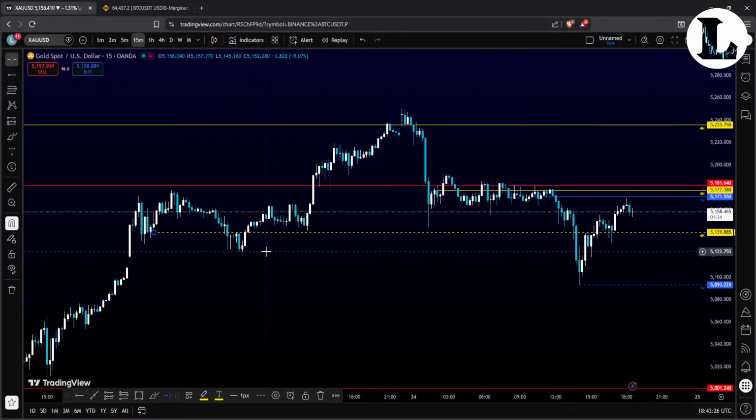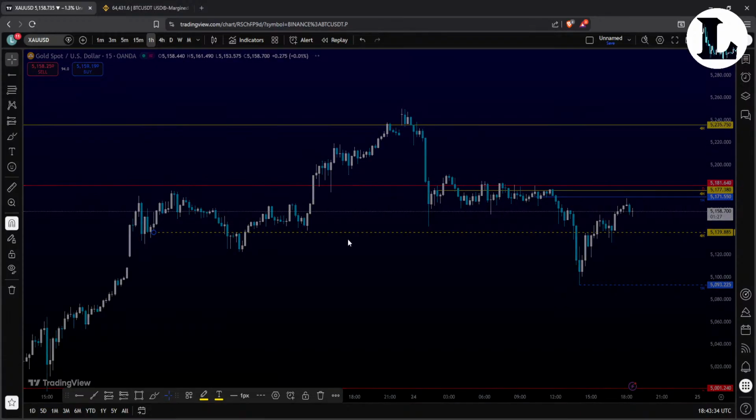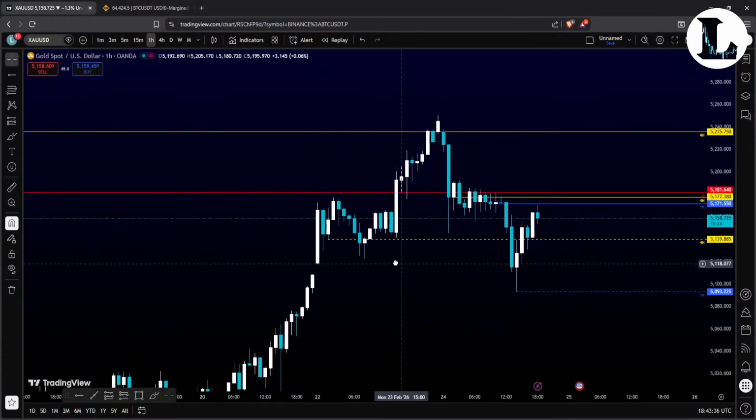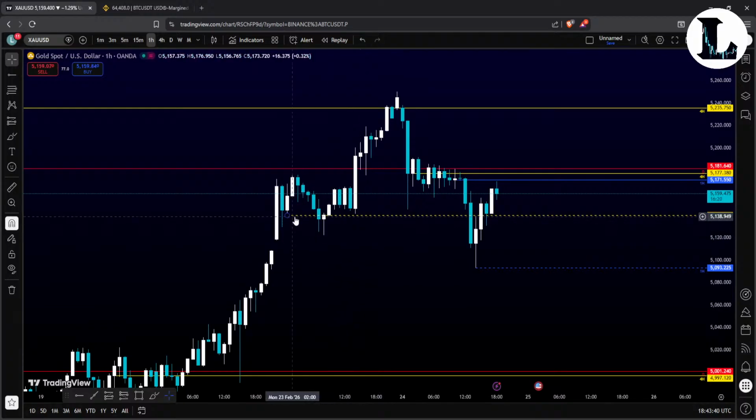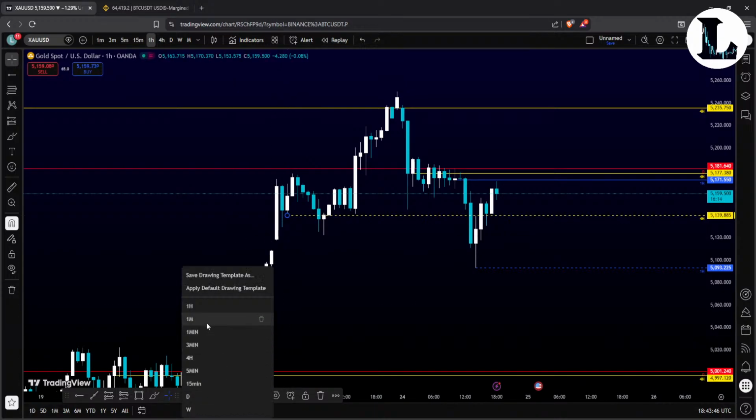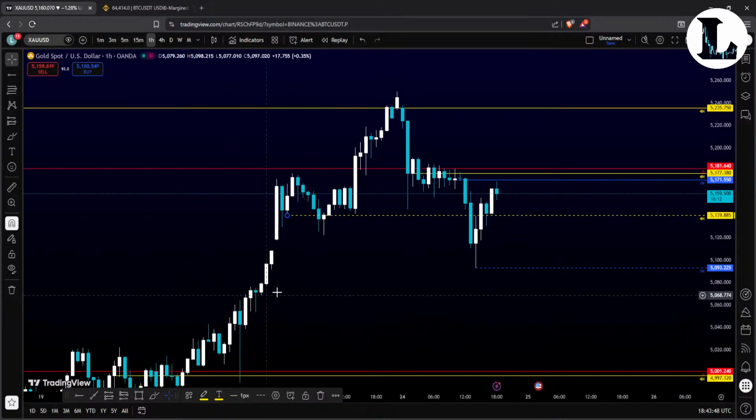Hmm. Okay. So not on a 15. I'm going to mark this as a 1 hour break liquidity level.